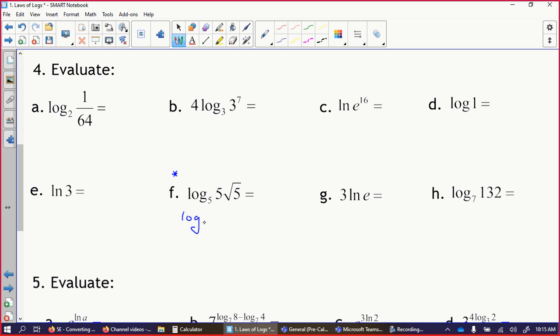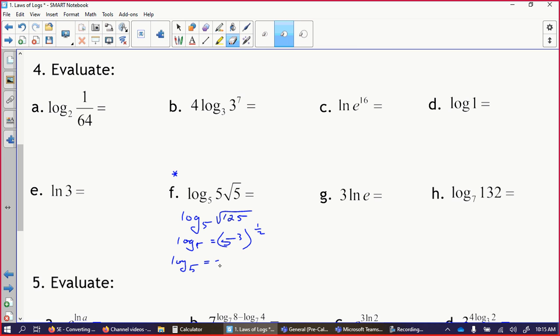If I move that all inside the radical, 5 squared times 5 is the square root of 125. Log base 5 of, well, this is 5 cubed to the 1/2. Log base 5 of, whoops, why did I put an equal sign in there?